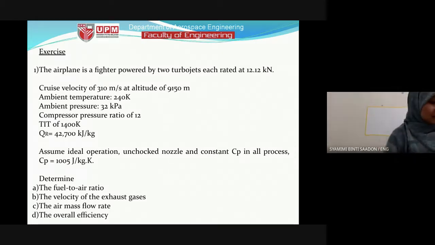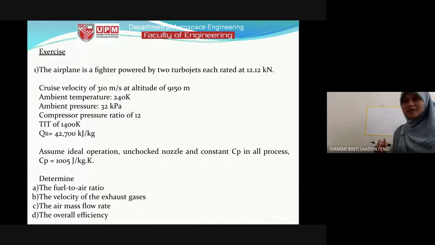Okay, so first, we have to start at the diffuser, at the intake.